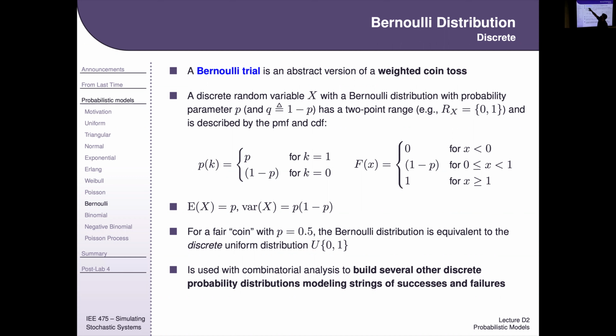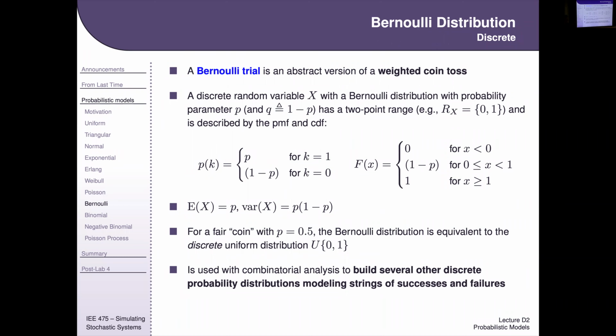If I refer to a Bernoulli trial, that is a fancy way of saying a weighted coin flip. A Bernoulli trial is just a random variable that comes up 1 with probability p and 0 with probability 1 minus p. So that's the probability mass function here.